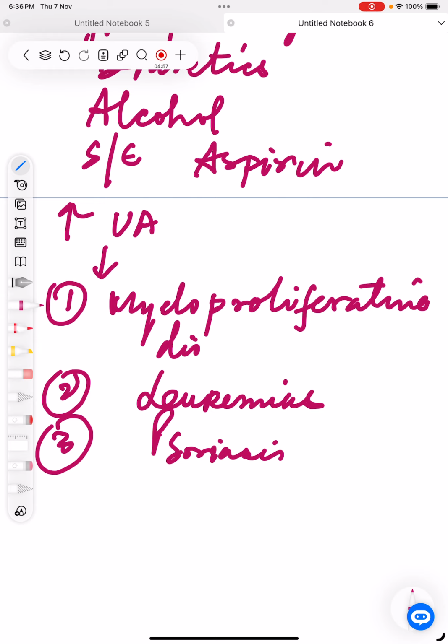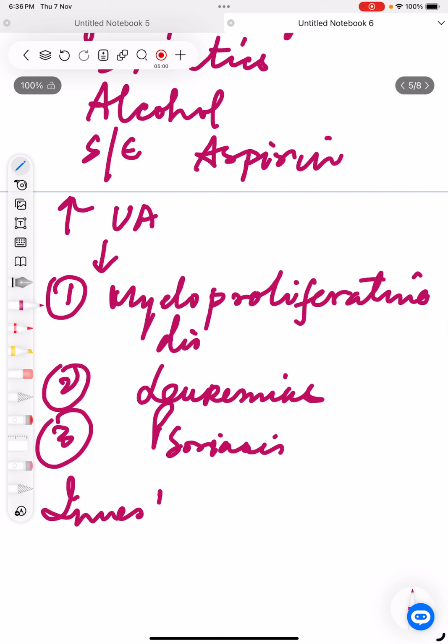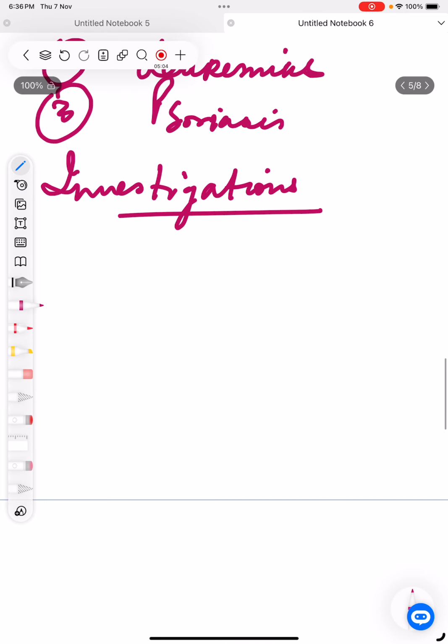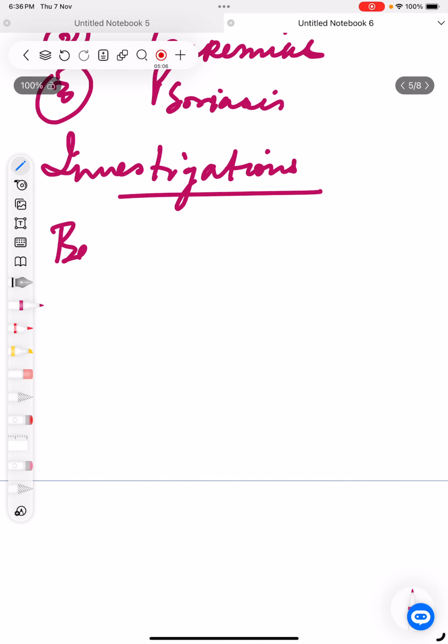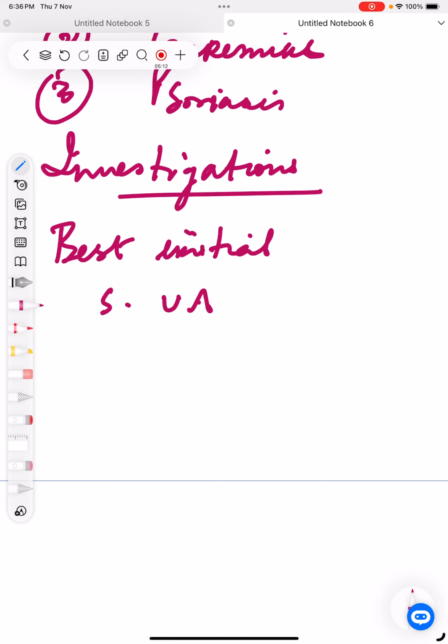Now, what are the investigations that we have to think of? The best initial investigation to go for is serum uric acid, which will obviously be raised. But how do you confirm?